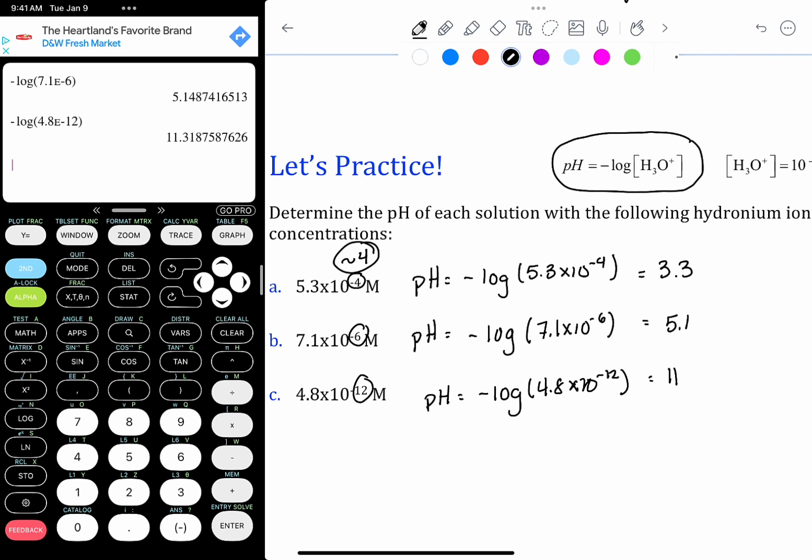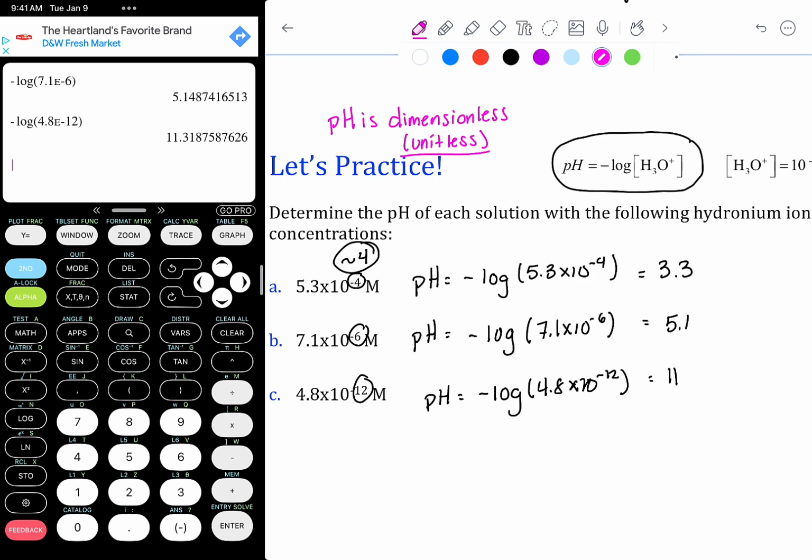And I don't think I said this explicitly on our previous slide. It was written, but I don't think I said it in words, so I'll write it up here. pH is dimensionless, which means it is unitless. So it does not have a unit. These are all unitless. We don't put a unit at the end of them.